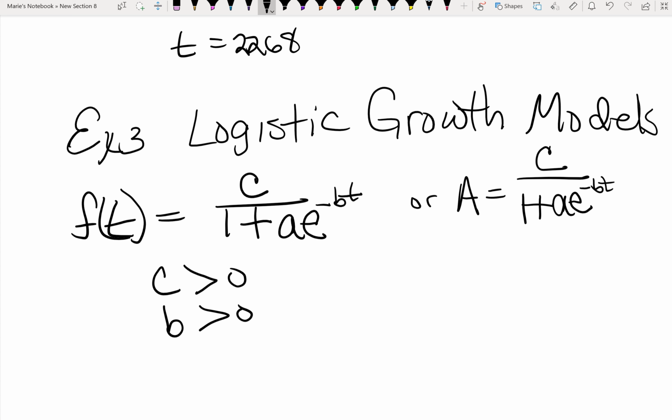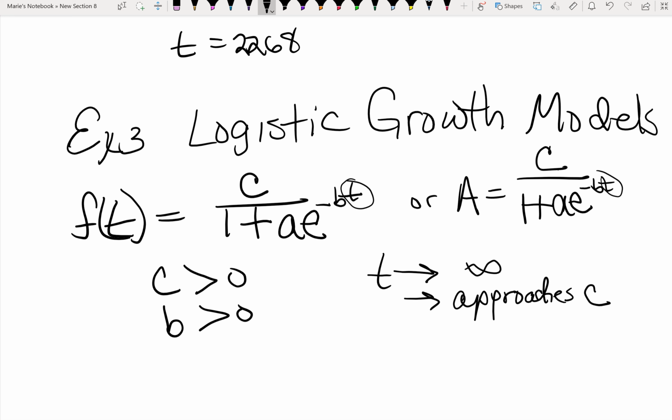I want you to understand that in these models, as our time t increases, so it heads towards positive infinity, the e term approaches 0 and the model gets closer to c. So the model approaches c.